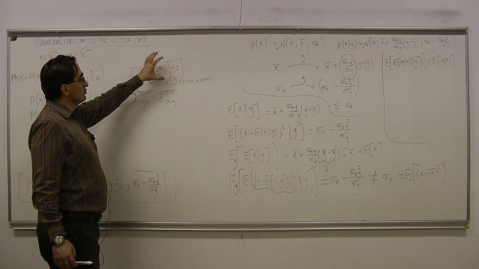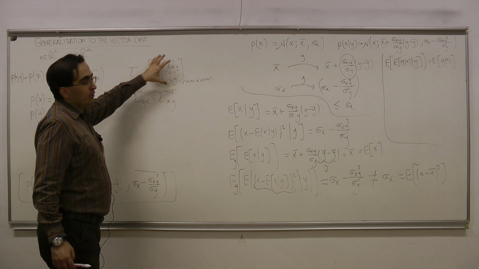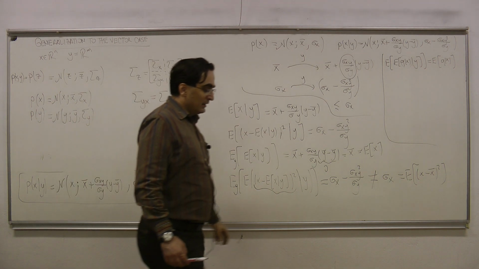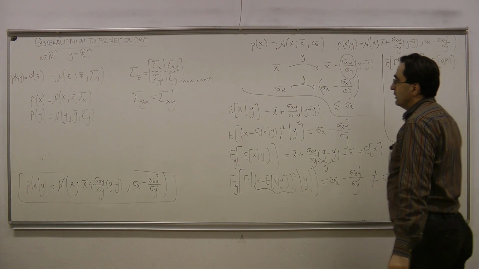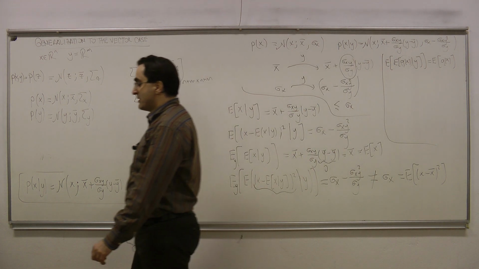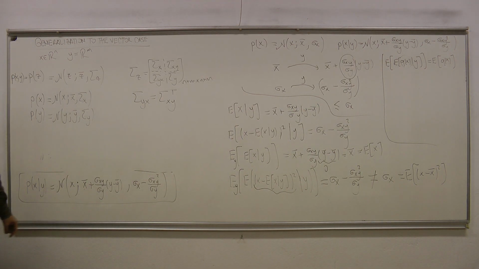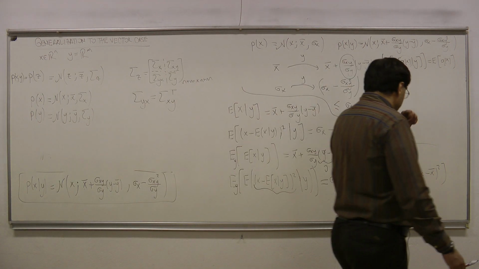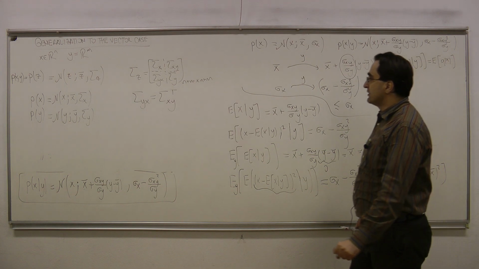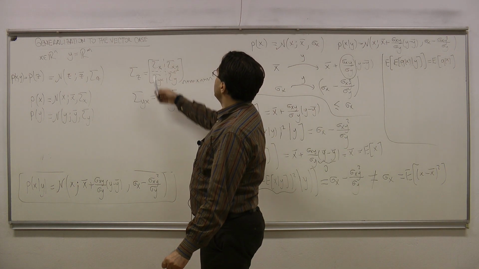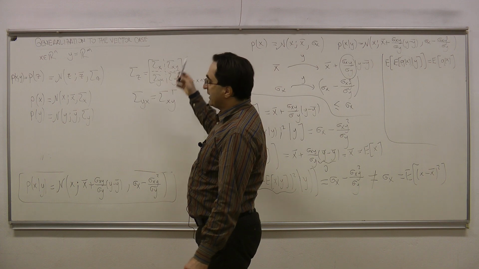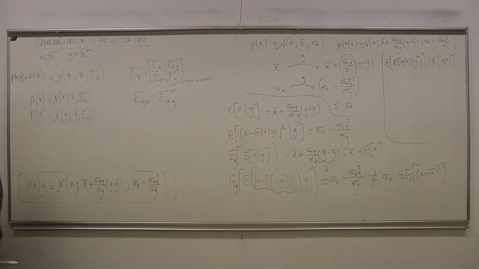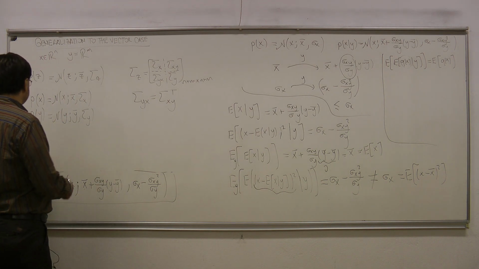If you use those rules, then you can invert such a partitioned matrix in terms of its partitions, and then you can try to derive the same expression. Here I will not do this calculation in class, but I will leave it to you as an exercise: invert this matrix using the matrix inverses for partitioned matrices, and then try to calculate p of x given y here.